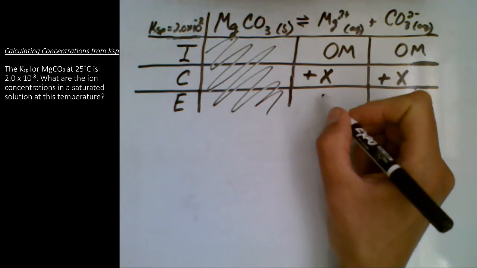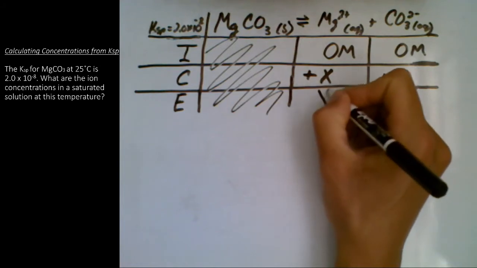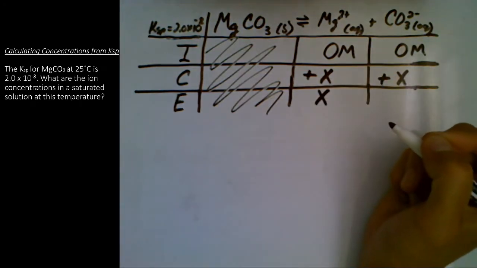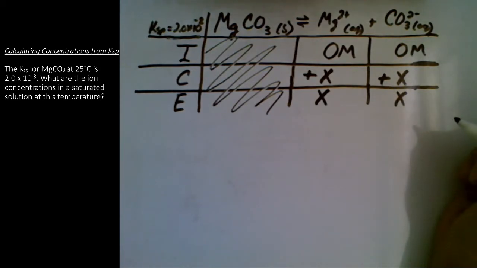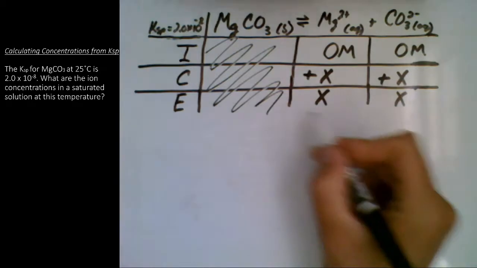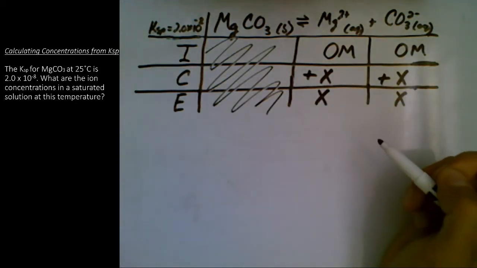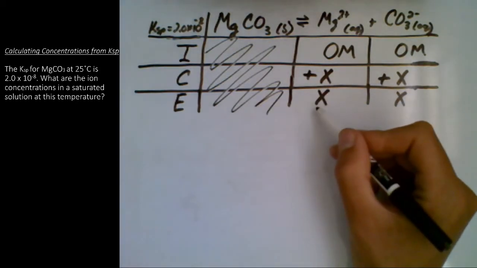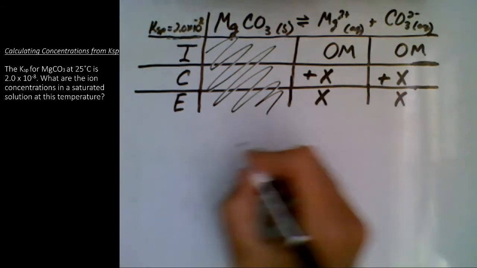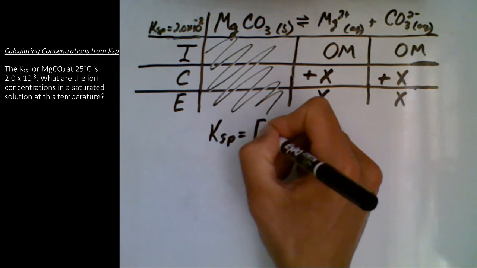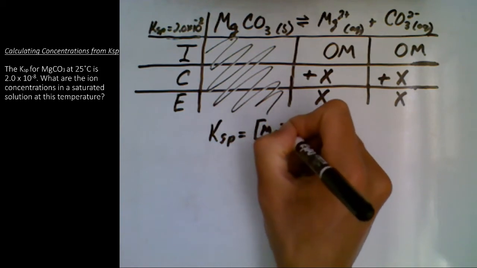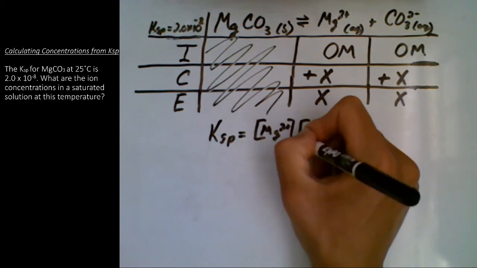So that means at equilibrium, magnesium just has a concentration of x, and carbonate just has a concentration of x. Since those are our equilibrium concentrations, we can just plug those into Ksp. Because remember, the Ksp is just going to be the concentration of products raised to the power of their coefficients multiplied by each other.